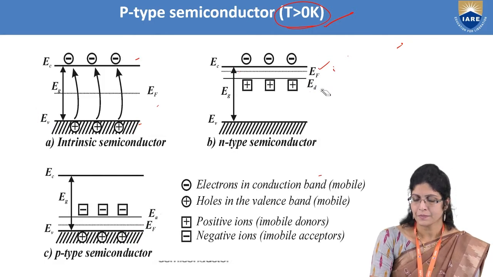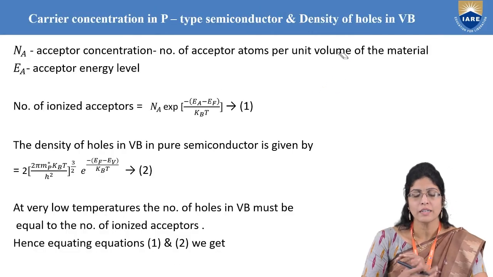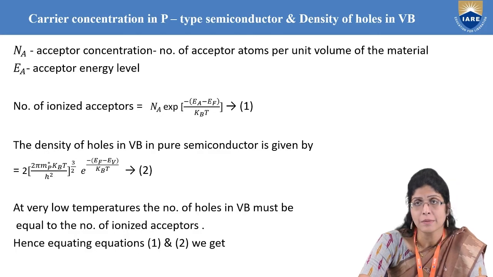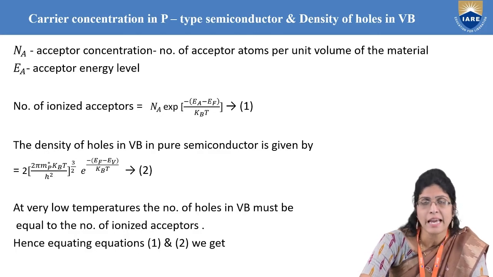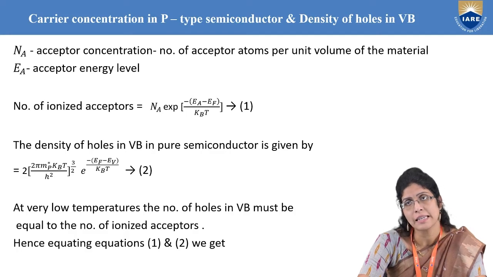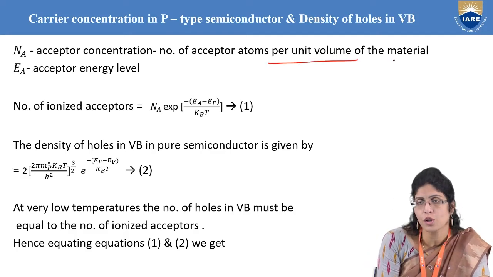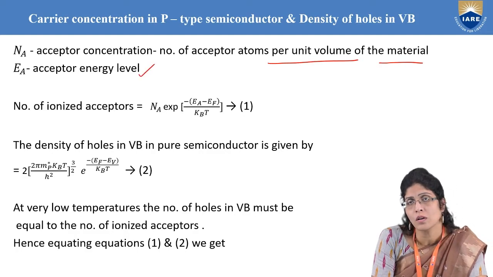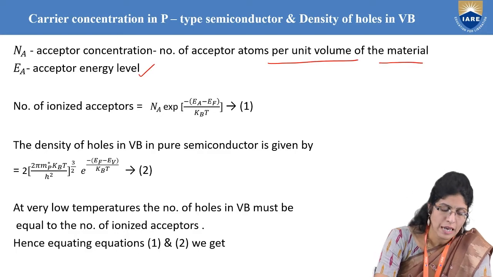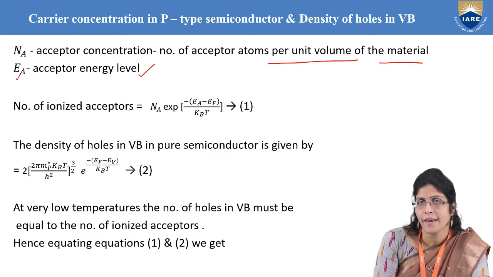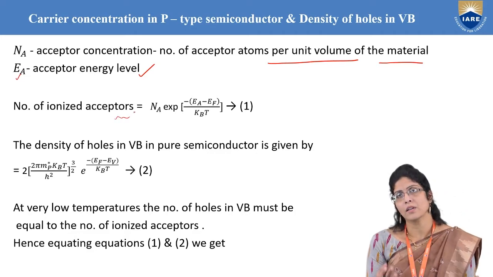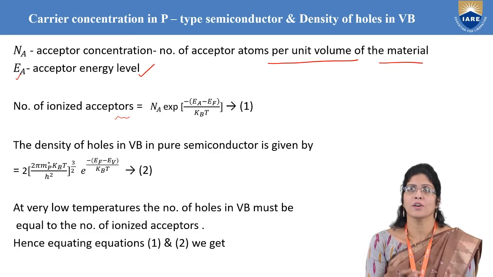So moving ahead, if we try to calculate the carrier concentration, where we will later see how the Fermi level varies, again like we have seen in my previous video lectures, take Na as the acceptor concentration, which is nothing but the number of acceptor atoms per unit volume of the material, having an acceptor energy level Ea. Now the number of ionized acceptors: for an acceptor to get ionized, there should first be acceptor atoms.